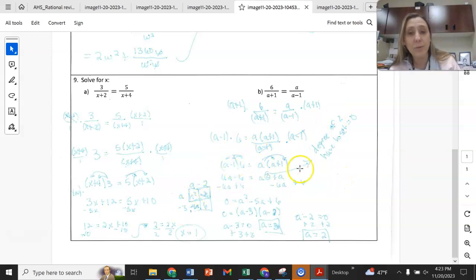When I distributed, I ended up with 6a minus 6 equals a squared plus a. That gave me a degree of 2, so I need to set that equal to 0 and solve. So I subtracted and got it equal to 0. Then I needed to use the box to find what my factors were, and then you set each factor equal to 0 and you solve. So hopefully you got that.